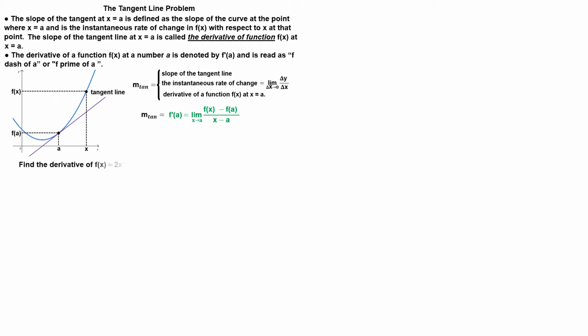Find the derivative of f at x equals 2 using first principles. First, we apply the definition of derivative. Then we replace f with 2 times x squared plus 3, and a with 2.